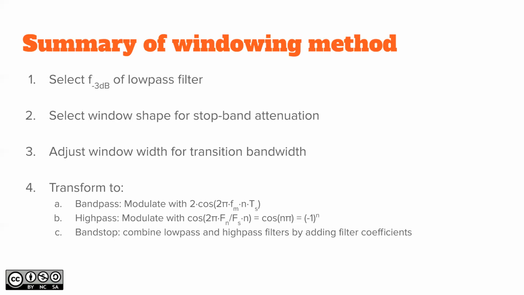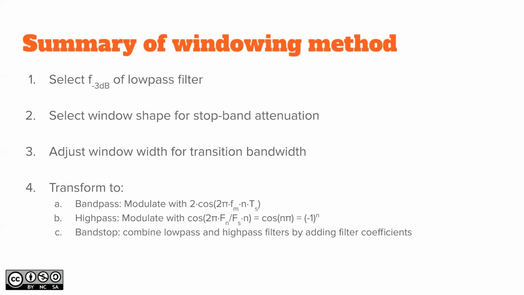And that was the windowing method. On the exercise, I will show you some tricks how to actually do a FIR filter design by the windowing method, but there are also some more powerful tools, even on Octave. If you are using MATLAB and have the signal processing toolbox, there is a filter design and analysis tool.